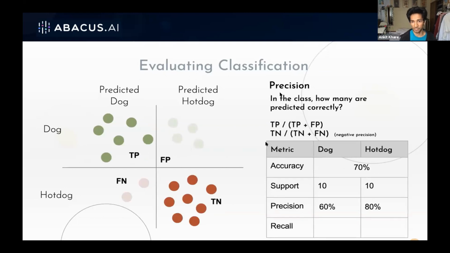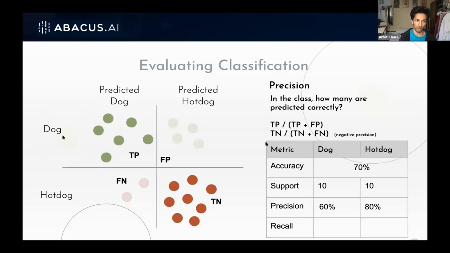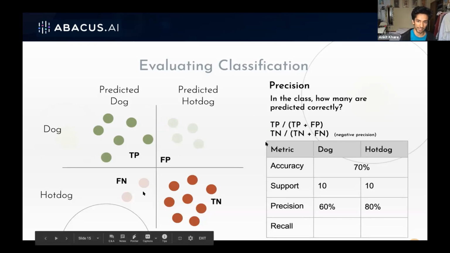So we have something like precision, which has a definitive form: true positive divided by true positive plus false positive, which means this divided by this quadrant, and the numerator is this quadrant. So the ratio of the actual classes. When you focus on a class, how many predictions were correct for that class is the precision for that class. Same for the other class. You can focus on this class and calculate the precision for this class.